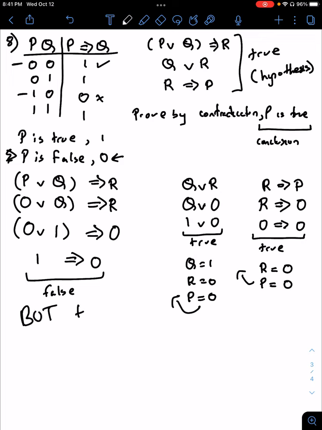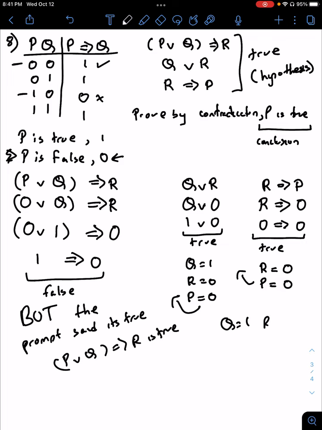But the prompt said it's true. The prompt didn't say that 1 implies 0 is true. The prompt instead said that P or Q implies R is true. But if you plug in these values where Q is equal to 1, R is equal to 0, P is equal to 0 onto here, this thing is no longer true.